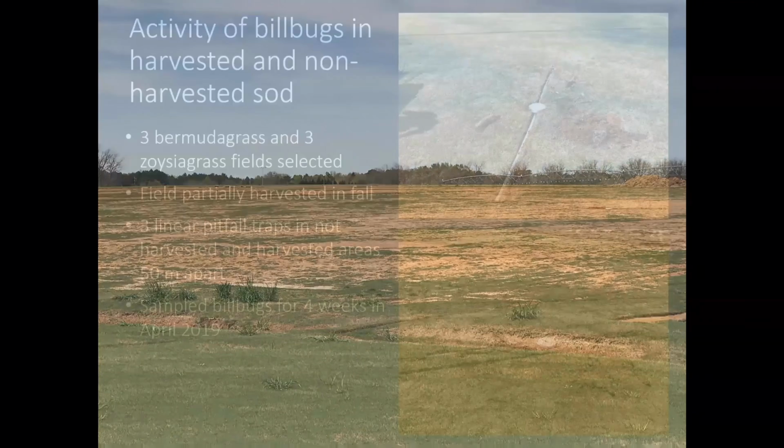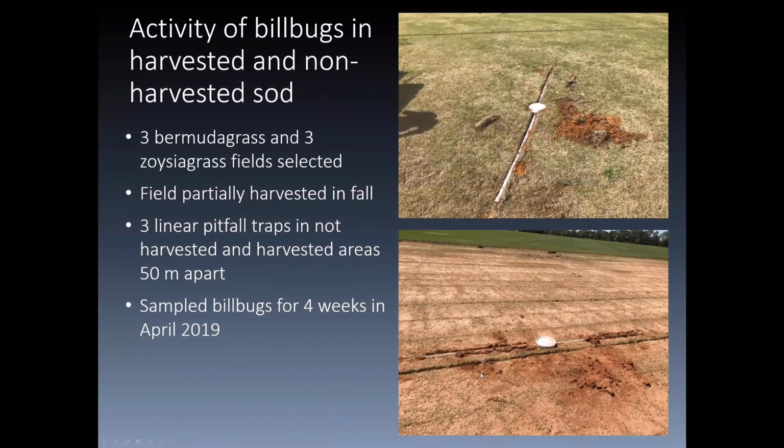So what we did is we put out these linear pitfall traps. We did it in the Bermuda grass and also the zoysia grass, and we put them in immediately harvested grass, like within one month or so of harvest, versus fully grown grass.